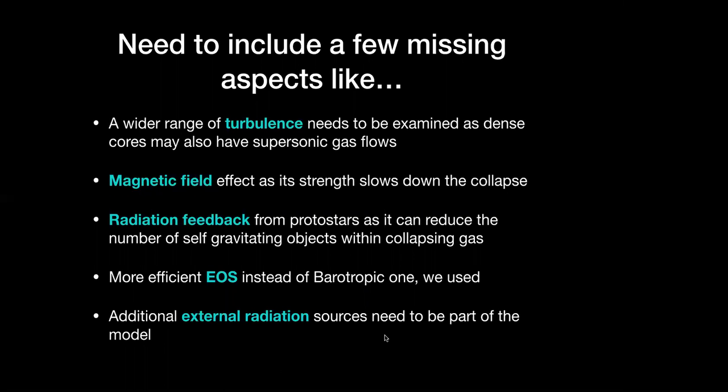All these aspects remain missing. So we believe that whatever we have observed in terms of the trends, maybe these trends can be further refined if we consider all these aspects in our models as well.